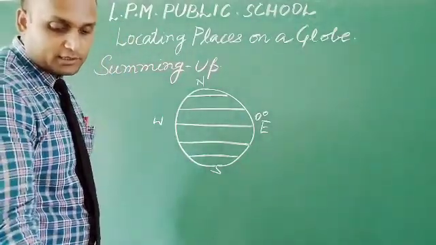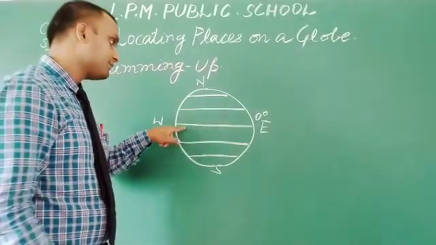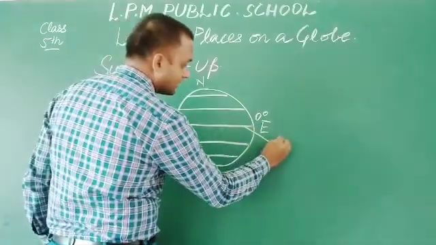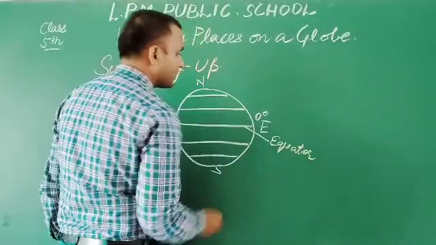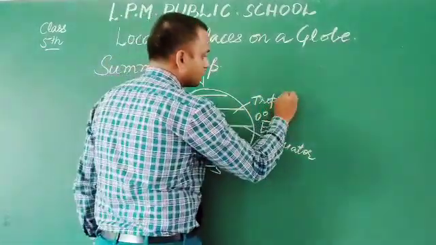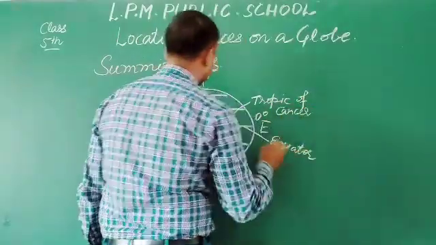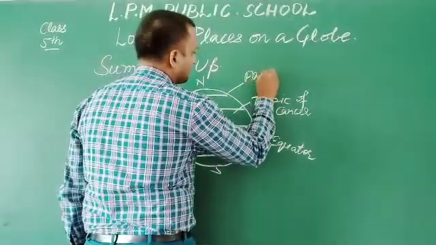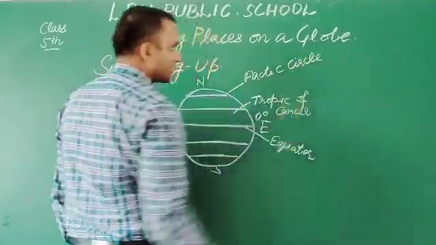Now next point is, some of the important parallels are the equator. This is the equator. This one is the Tropic of Cancer. This line is the Arctic Circle.